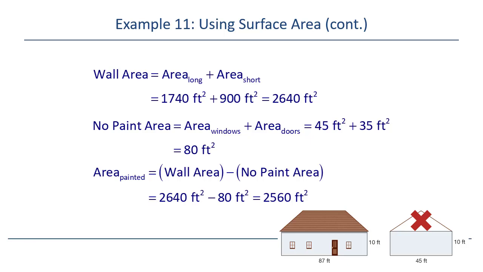But basically we have the no paint area is the windows plus the doors, which is 80 total square feet. We take the absolute total of the wall area, not including windows and doors, and then we subtract those windows and doors, and we get now 2,560 square feet of stuff that actually needs to be painted.